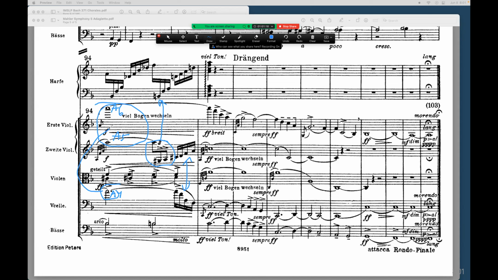And so all of this stuff in the violas is actually underneath the cellos, right up until somewhere around here. So the cellos and the second violins are moving in opposition with each other. I already mentioned this unison right here and the interesting thing about that.